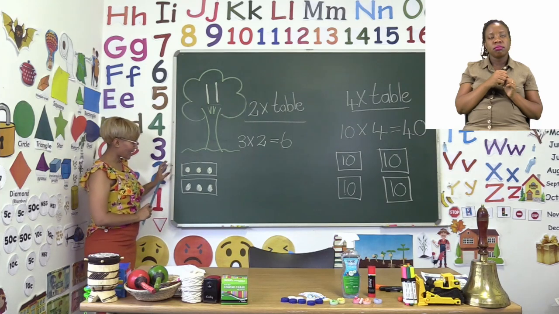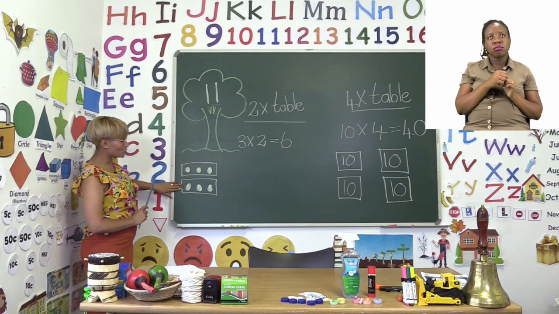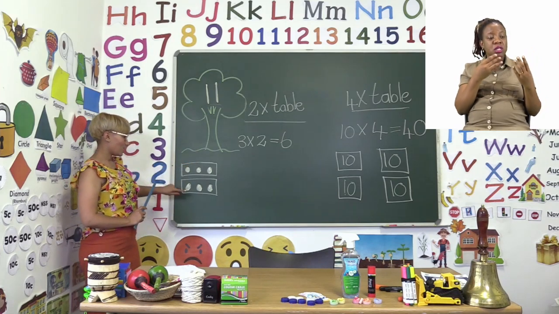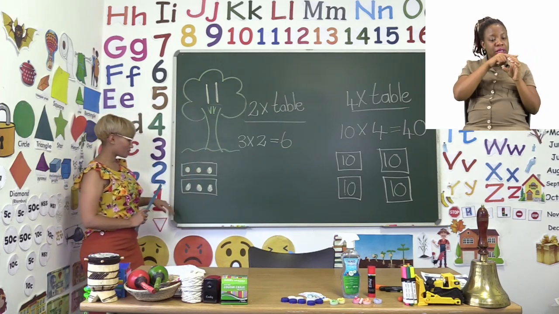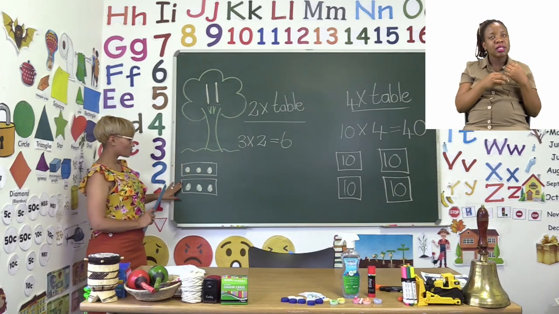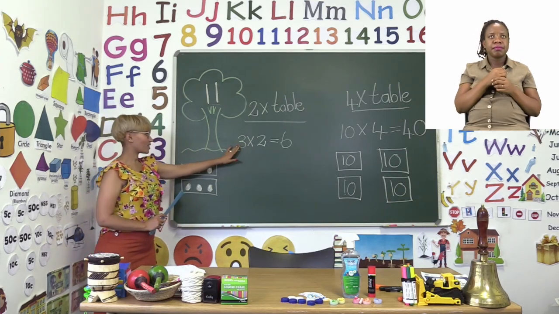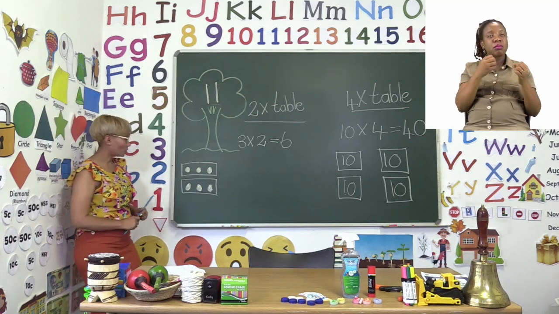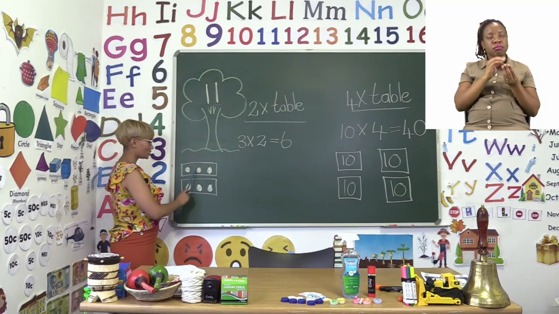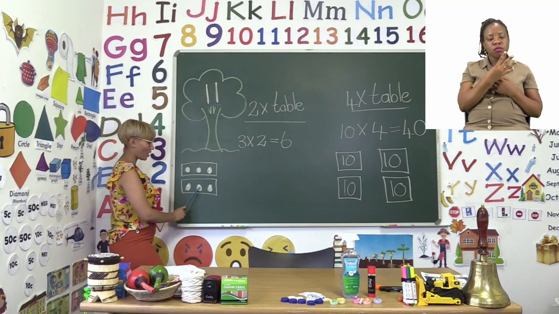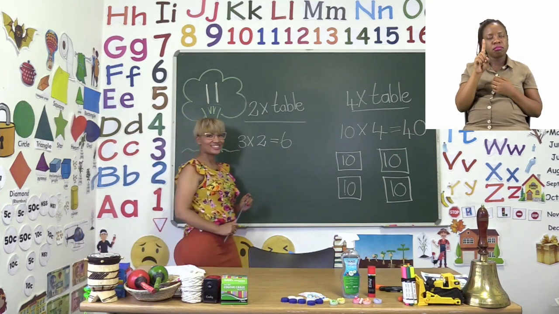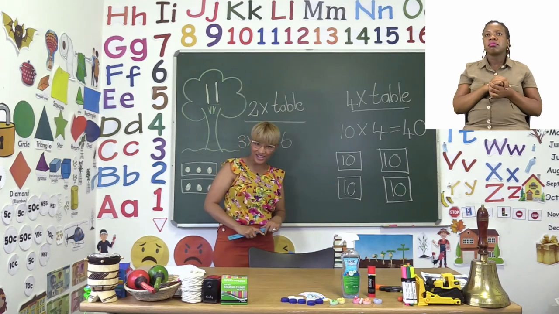So let's see, I have 2 groups with 3 little buttons in each group. So if we say 2 groups with 3 buttons in each group, how many do we have altogether? 1, 2, 3, 4, 5, 6. And there you see our answer is 6 as well.